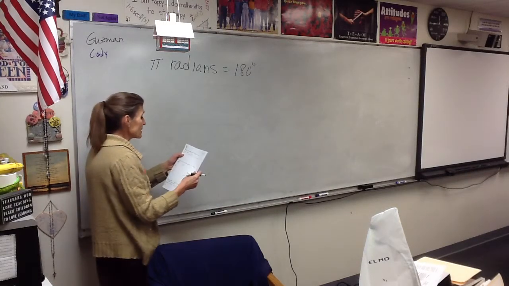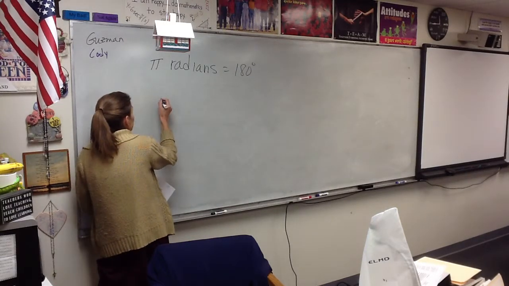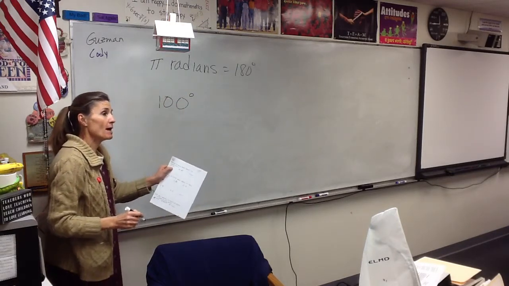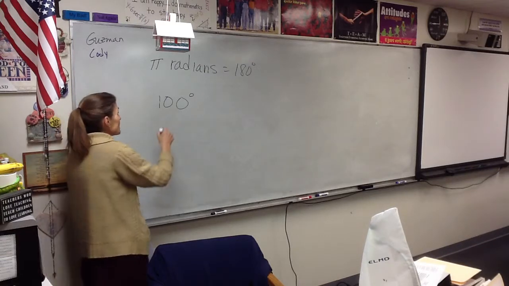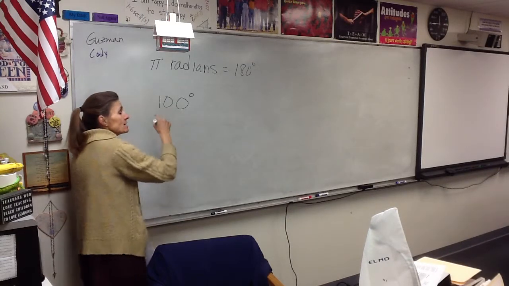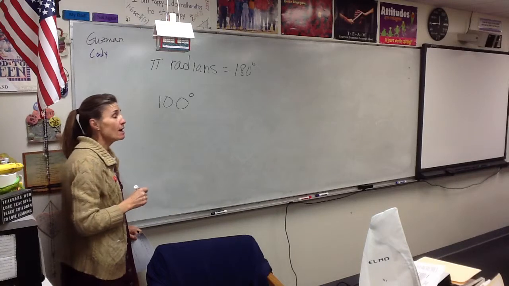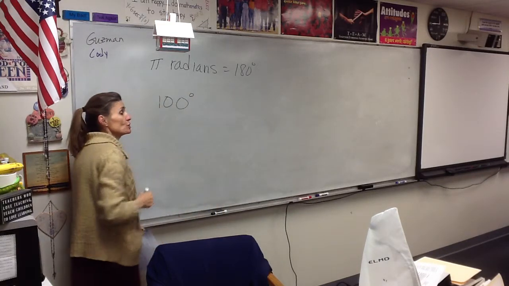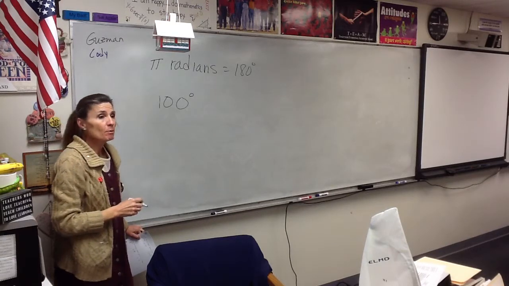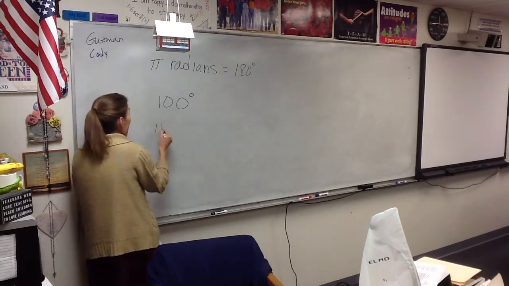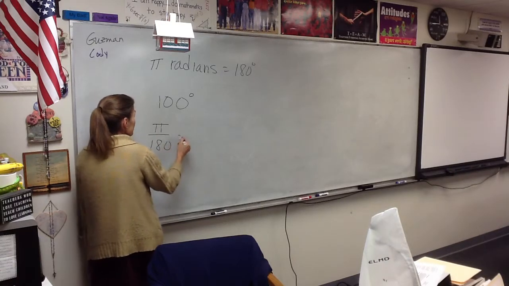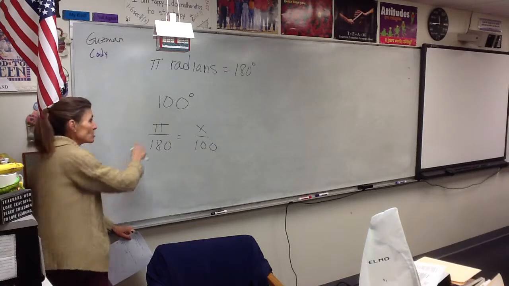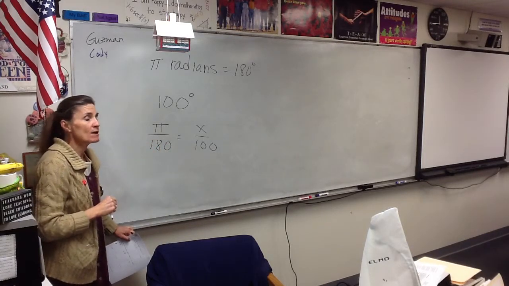So when someone says, change 100 degrees, I'm now on my note sheets, looking at problem A. How many radians is 100 degrees? I know that pi radians is 180, but how many would just 100 be? It's a simple proportion. Say pi is to 180 as something is to 100. Now we're going to solve that, but let's make sure you understand that proportion.